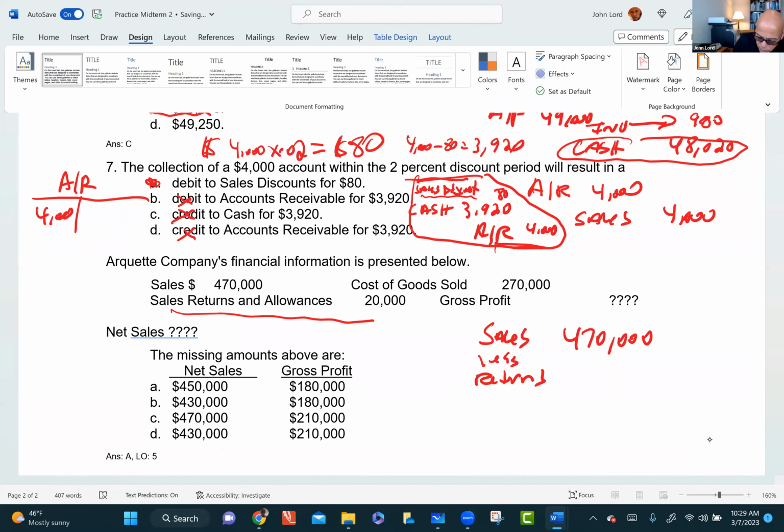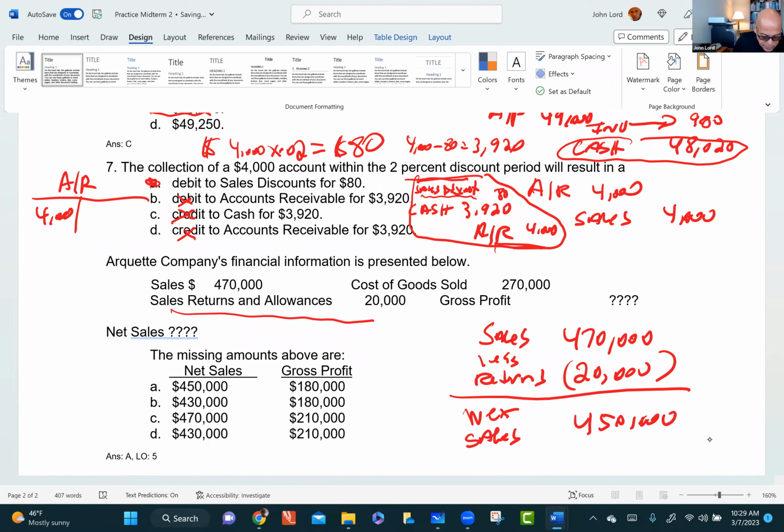If something gets returned, it's no longer a sale. We subtract the returns, and that's about everything that affects net sales. So net sales is what, 450?